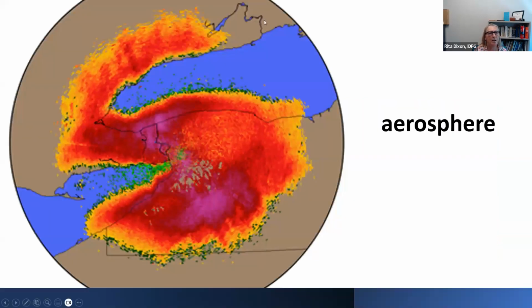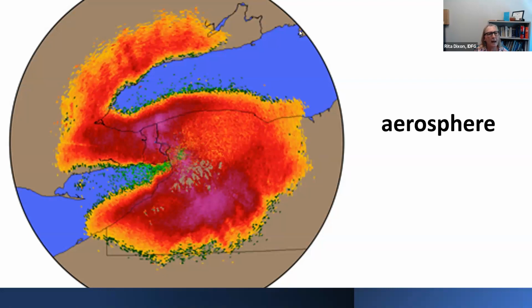So Jill touched on this, and I was really happy to see that the mention of airspace is explicitly considered. So I wanted to bring this up too, thinking about the aerosphere, airspace, whatever we want to call it.